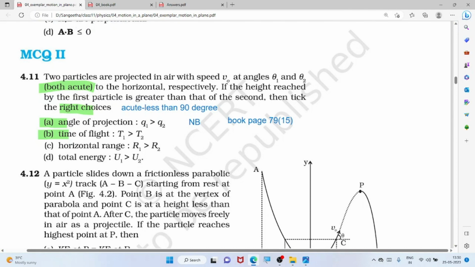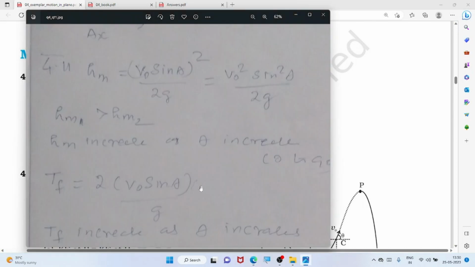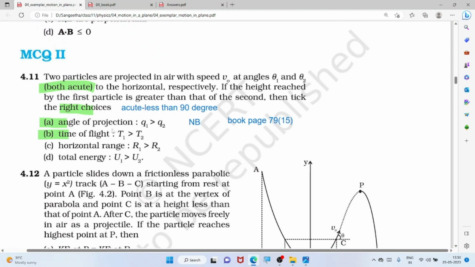So I have shown you the sine values. Okay, from 0 to 90 sine values keep on increasing. So when theta increases, sine value increases. Okay, so this is directly proportional. So this one is correct.